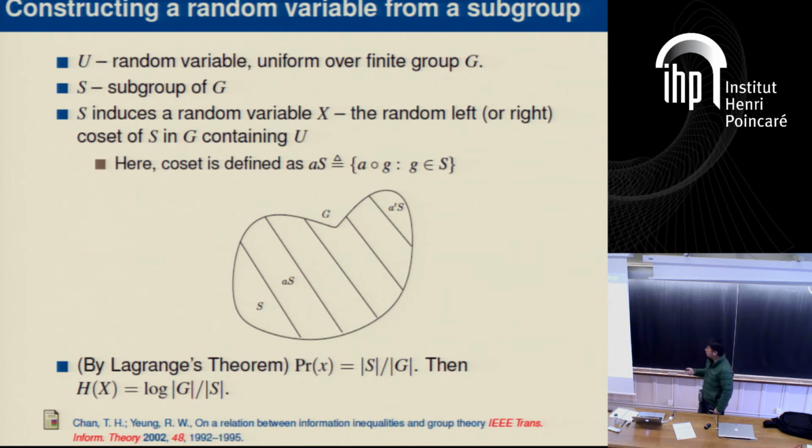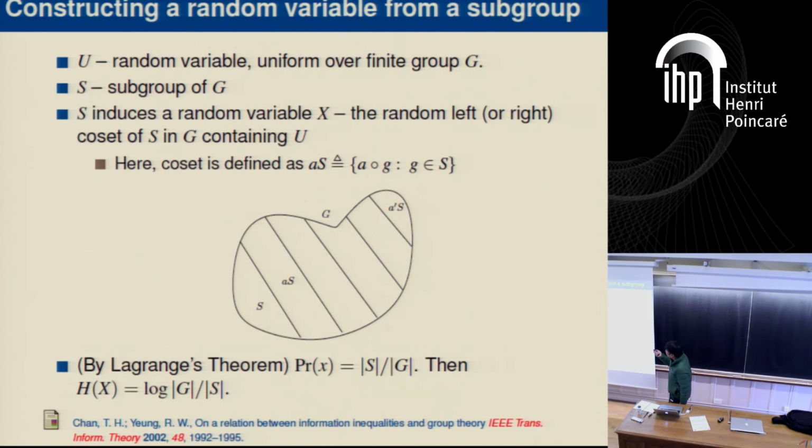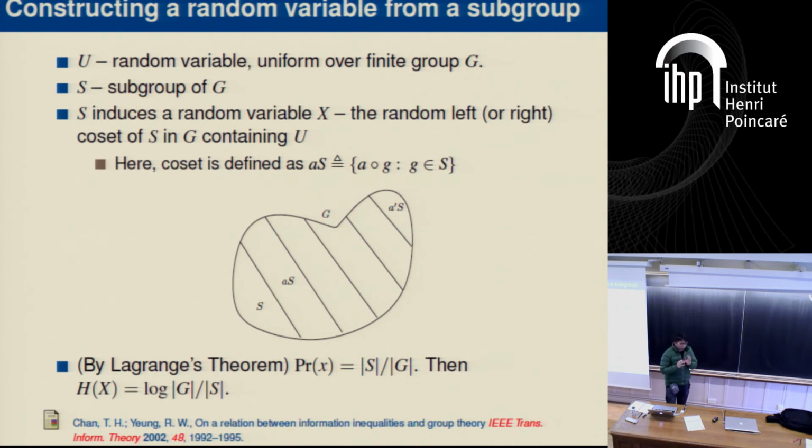So why do we need this subgroup? Because I can use the subgroup S to generate a random variable. This is the idea. Let's say I have a random variable U, which is uniformly distributed over G. For example, U is uniformly generated over these 4 elements.